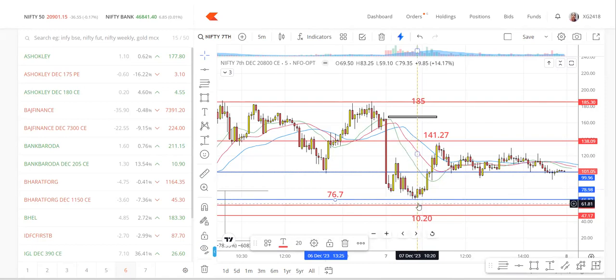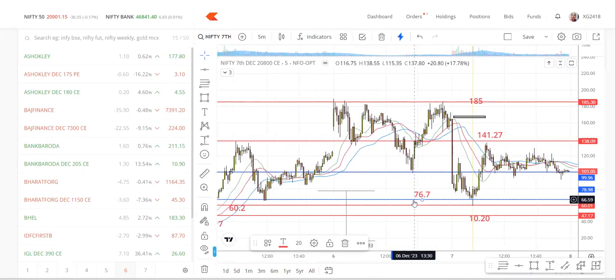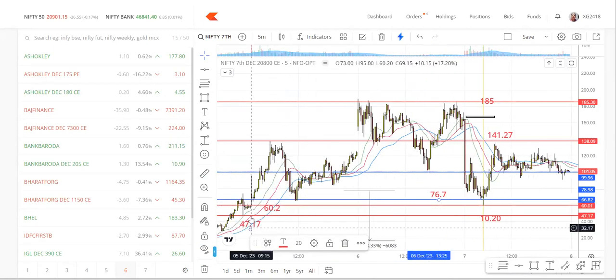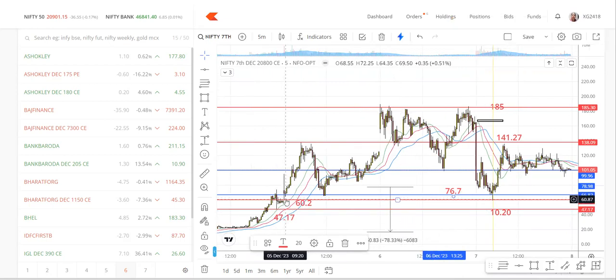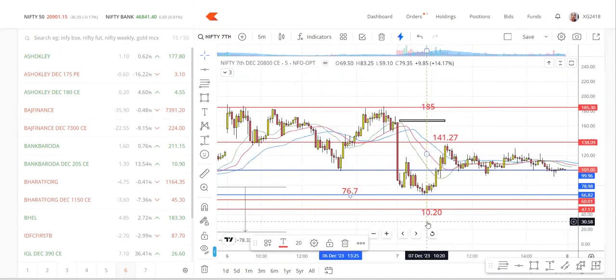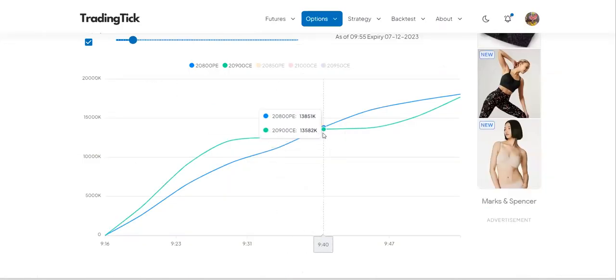It made a low of around 59 rupees. Usually I mark the levels on the option premium so that I have guidance. The low made on the 5th was 60.2.